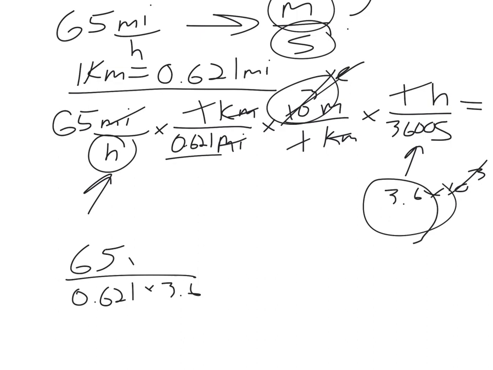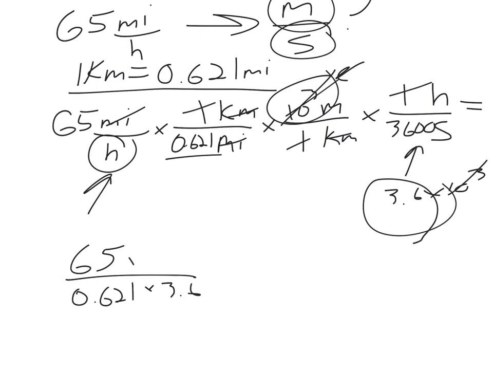Well, let's try that in my calculator. So 65 divided by 0.621, slow calculator, divided by 3.6.